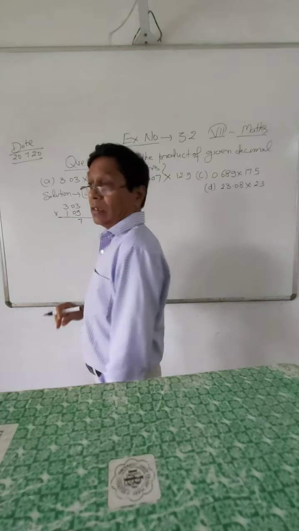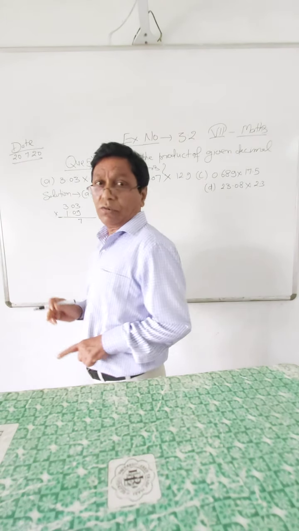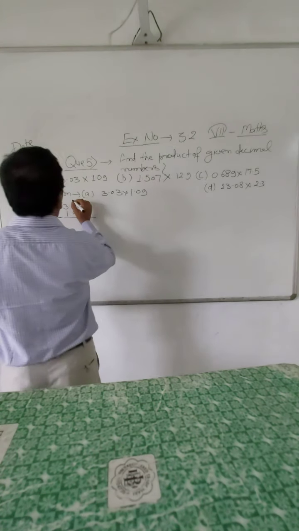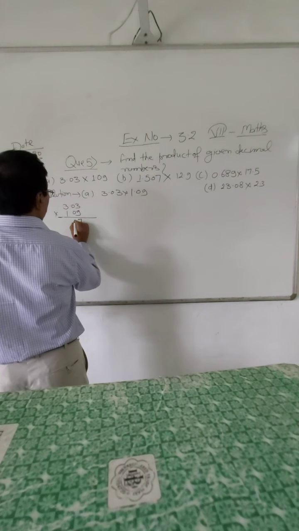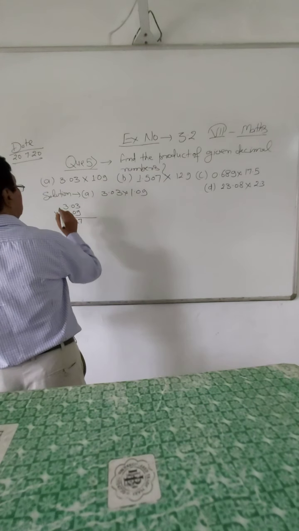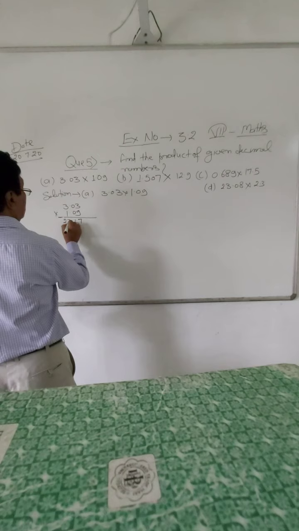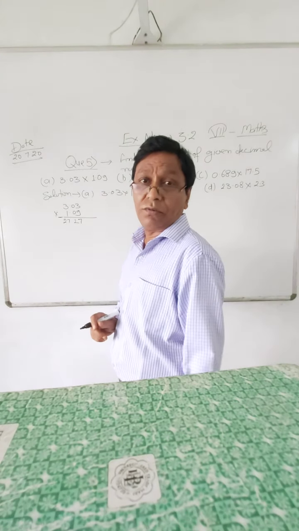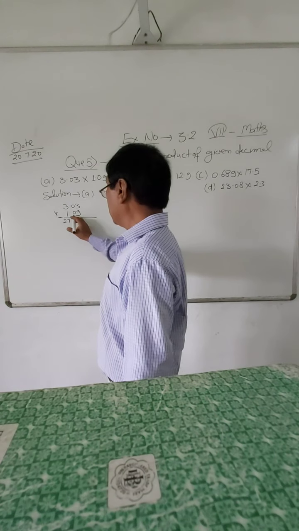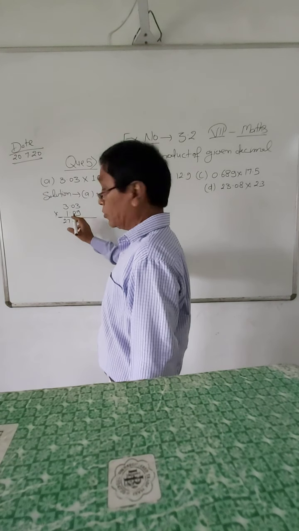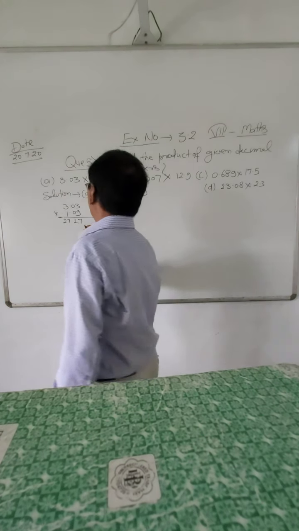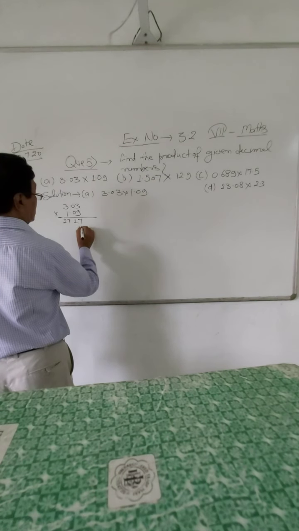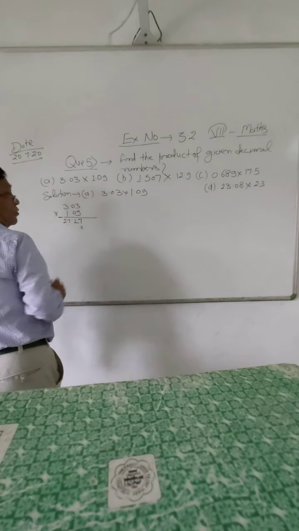Now 9 into 0, 0, and 2 carry. Here 2 carry you will add, so it will come 2. Now this tens place you try to multiply. Whenever you are multiplying by tens place, don't write any number below the ones place. So here put this one, and 0.